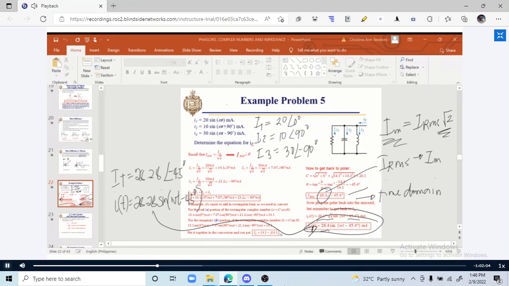Okay, we should multiply. What are we going to multiply to square root of 2? The amplitude. Now, why are we going to multiply the amplitude by square root of 2?